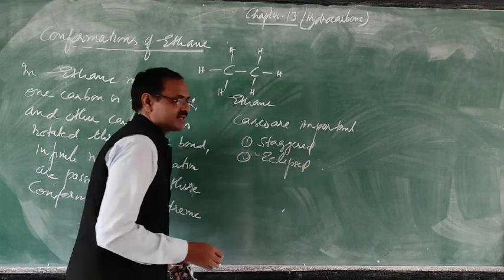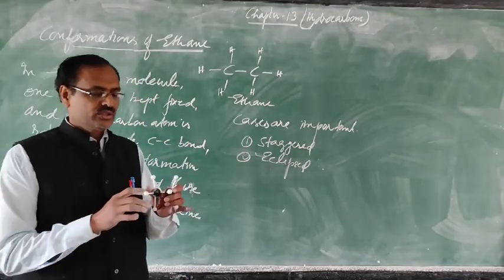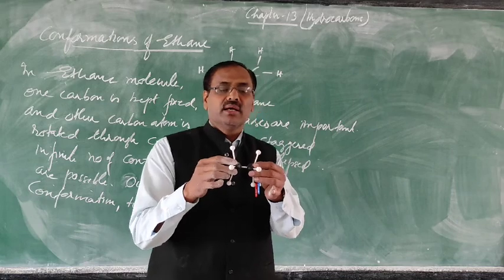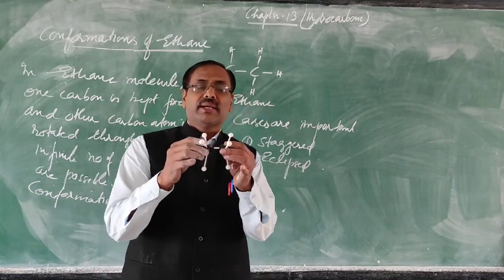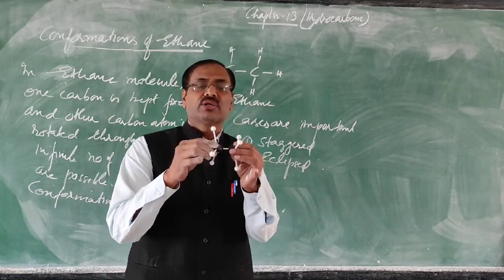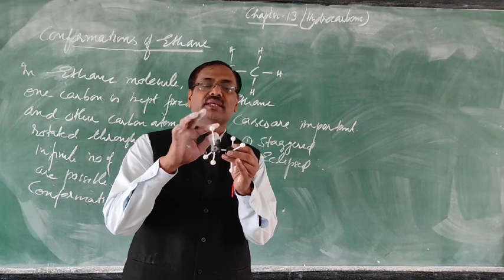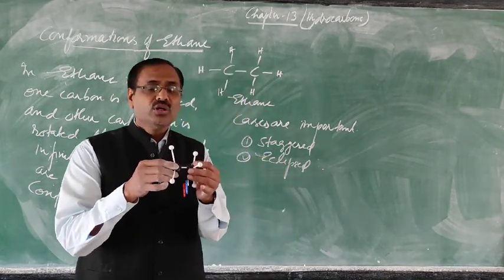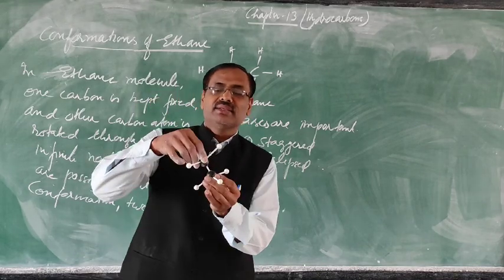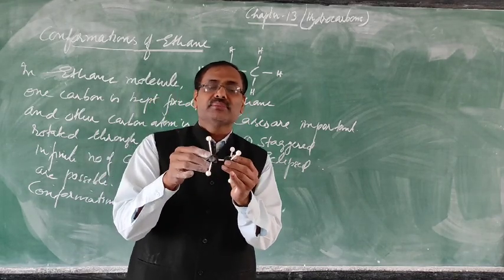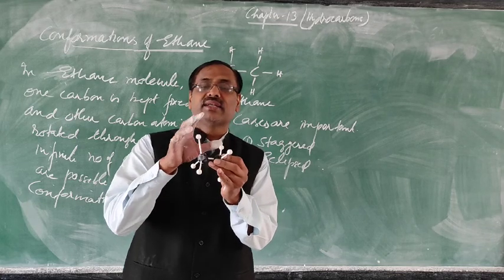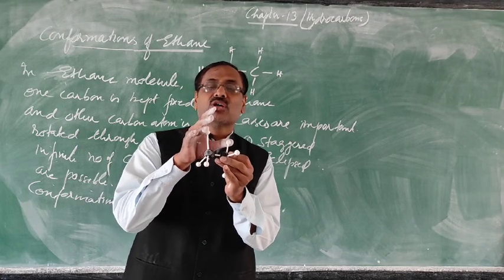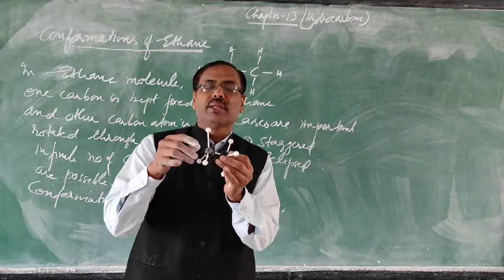So just to see what is staggered and eclipsed. One carbon atom is kept fixed, the other one is rotating. Between these two bonds, repulsive interaction will be there. In the staggered conformation, these two carbon atoms are arranged like that, so the hydrogen atoms are at the maximum distance. Here the repulsive interaction will be minimum.